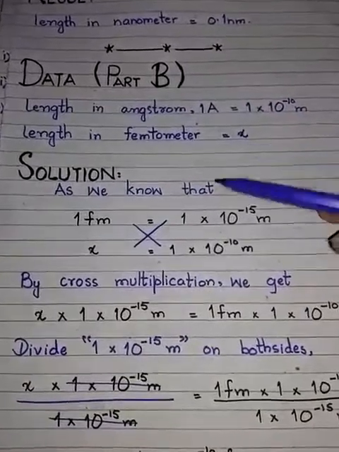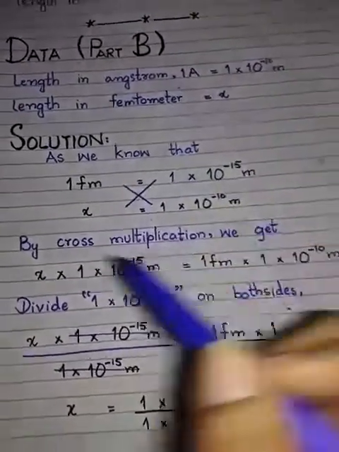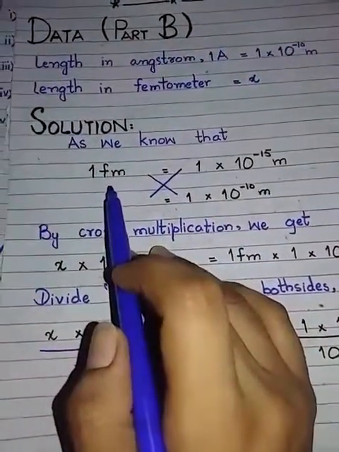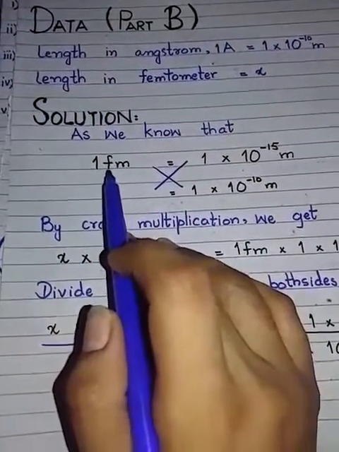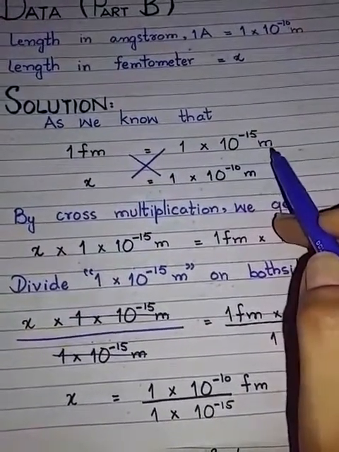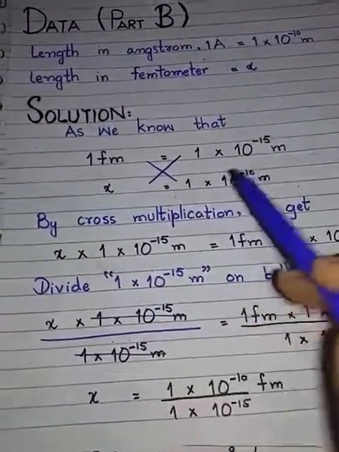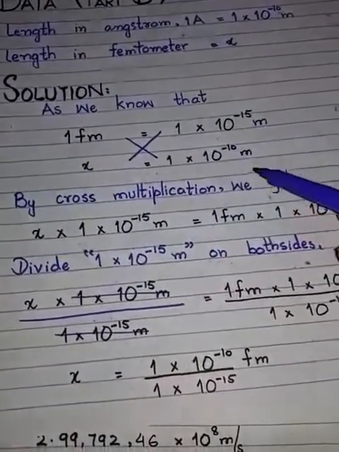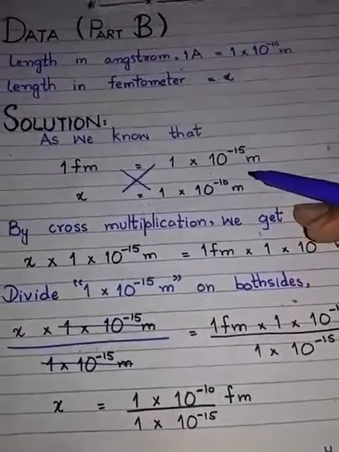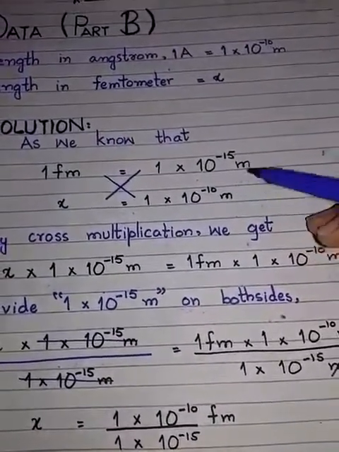Unknown, meaning x. Solution, girls: as we know, 1 femtometer, femto is equal to what? In the table of prefixes, as I told you, femto is equal to 10 raised to power minus 15 meter. And x is equal to 1 into 10 raised to power minus 10 meter. As I told you in the previous lecture, bache, the same units are always written on the same side.